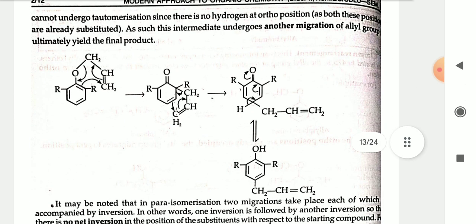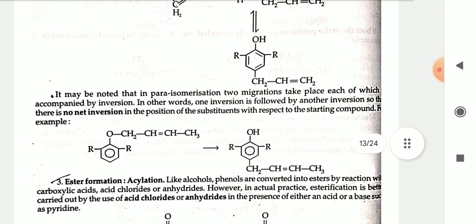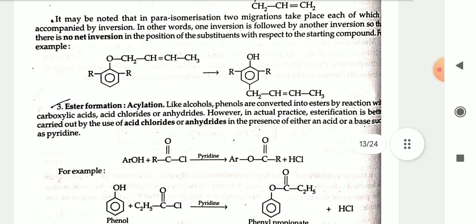As such, this intermediate undergoes another migration of the allyl group, ultimately yielding the final product. It may be noted that in para rearrangement, two migrations take place, each accompanied by inversion. In other words, one inversion is followed by another inversion, so that there is no net inversion in the position of the substituent with respect to the starting compound.